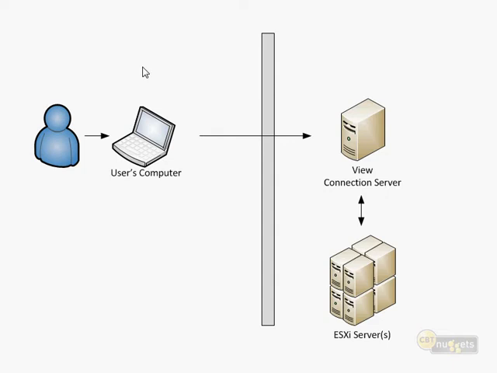Now this, of course, brings up an interesting point. So I've got a user here, and somewhere down here is that user's virtual desktop. Well, unless we figure out some way to plug that desktop into the user's brain, the on-ramping point for this virtual infrastructure requires some sort of device that the user has to work with.